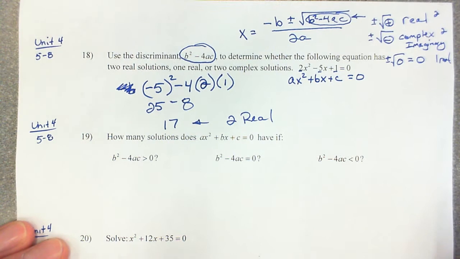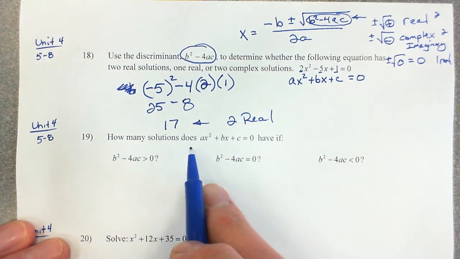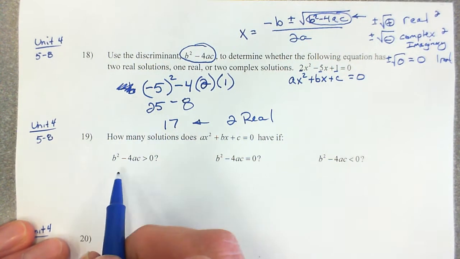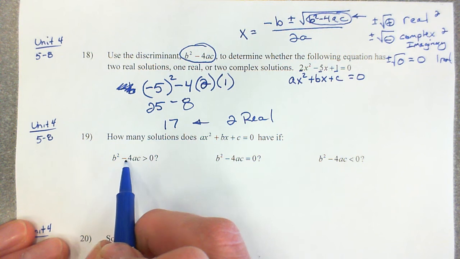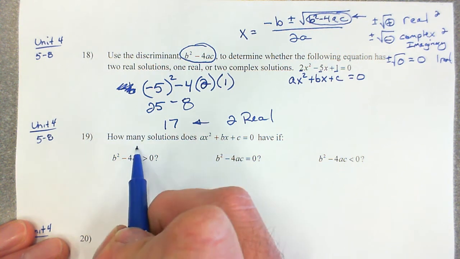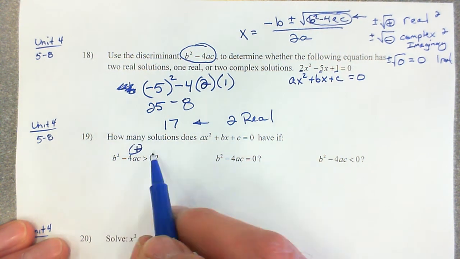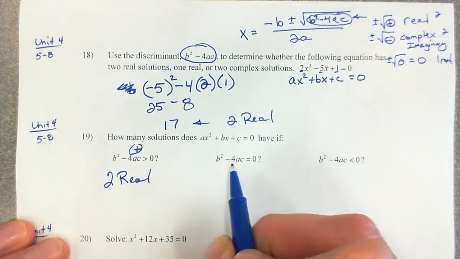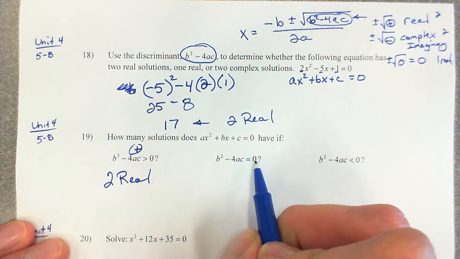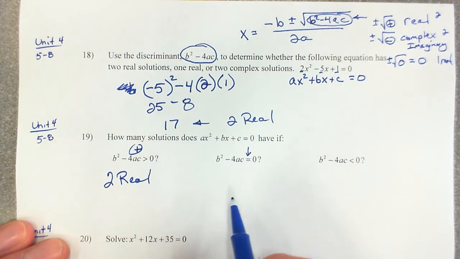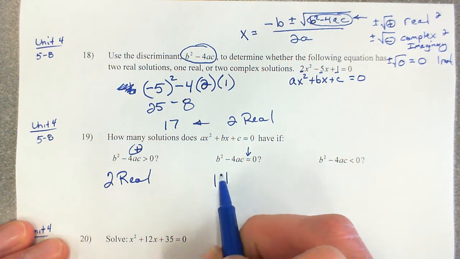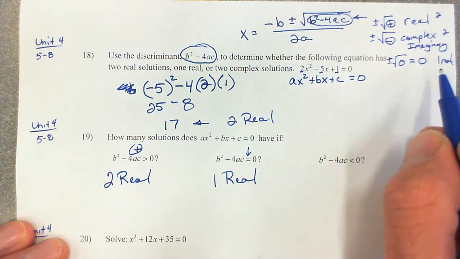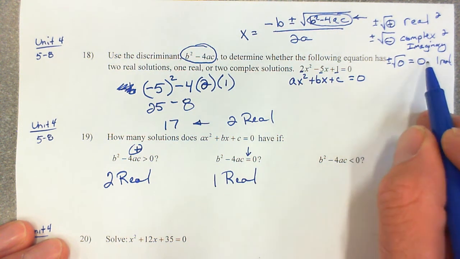Okay? Two real solutions. Now, how many solutions does it have? If b squared minus 4ac is greater than 0, that means it's positive. Well, if it's positive, there are two real solutions. If this is equal to 0, there would be one real solution. Again, that's because the square root of 0 is 0.